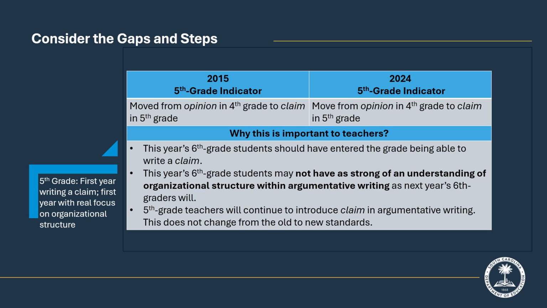This year's 6th grade students may not have as strong of an understanding of organizational structure within argumentative writing as next year's 6th graders will because of the shift in the grade level indicators. 5th grade teachers will continue to introduce claim in argumentative writing. This does not change from the old to new standards.